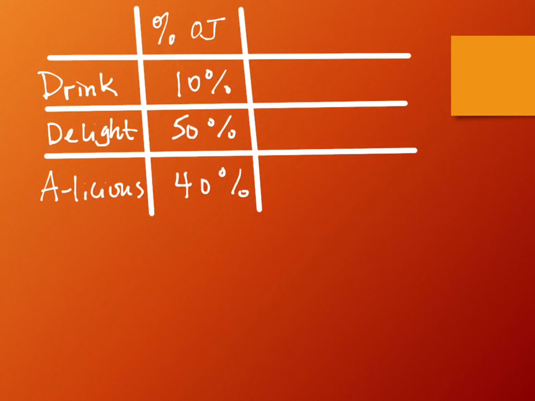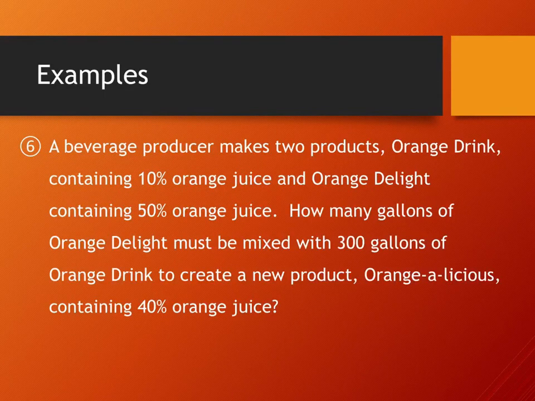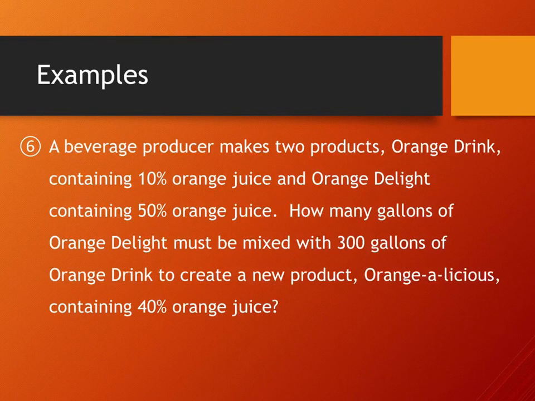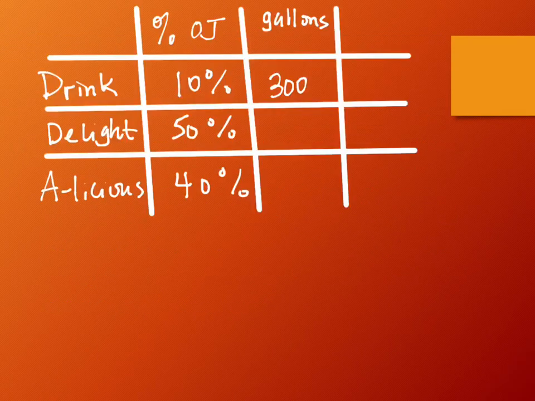Now there's different quantities of this being mixed together. So the next column I'm going to put here is going to be the gallons that are going into it. So how many gallons do I have of orange drink? Orange drink was my first one. 300 gallons of orange drink. Whoops, sorry. How many gallons do I have of Orange Delight? You don't know. So that's going to be the thing I don't know.